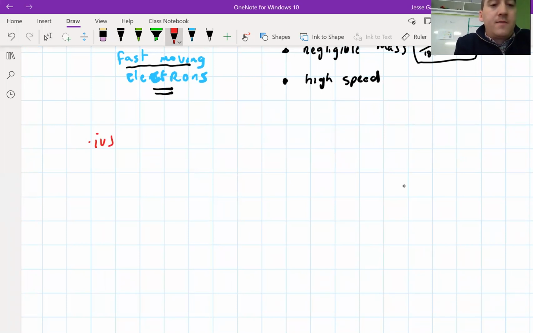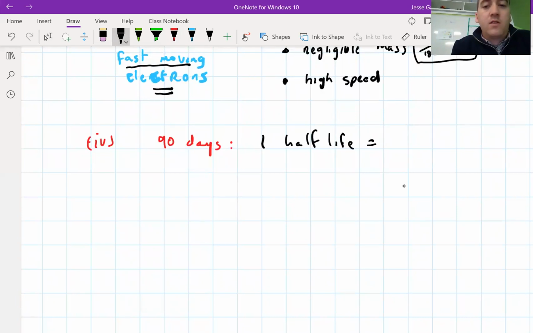And it says, after 90 days, what fraction of the nuclei remain? The first thing to note is 1 half-life equals 30 days. Therefore, 90 days, well, that's 3 times 30. So that will be 3 times 1 half-life, which is 3 half-lives.